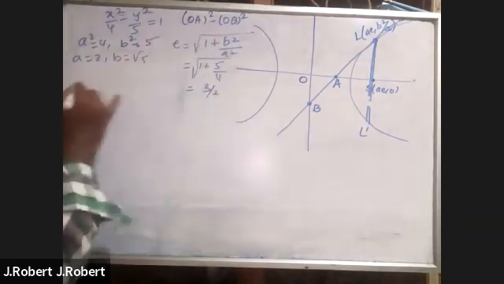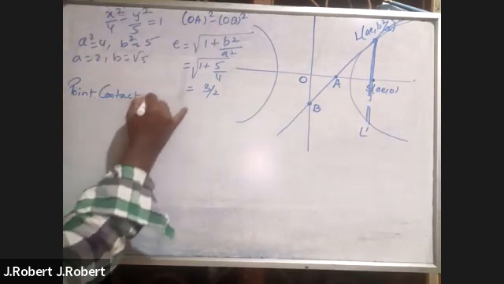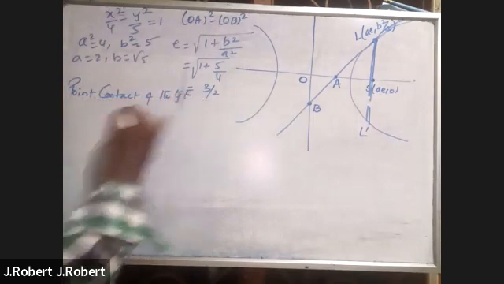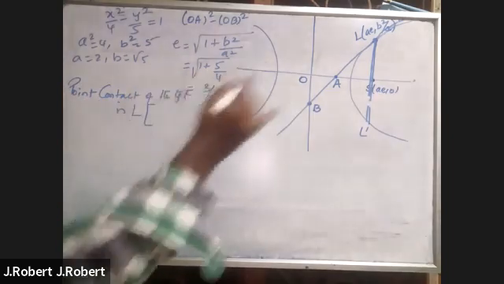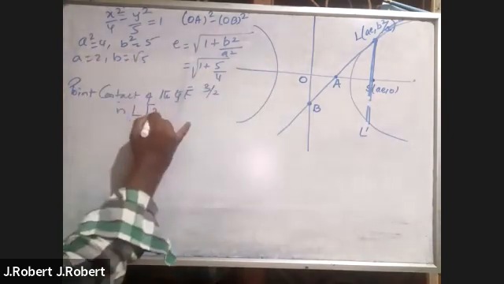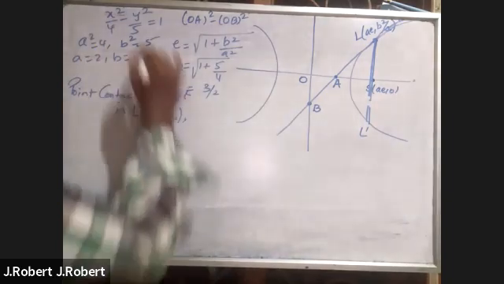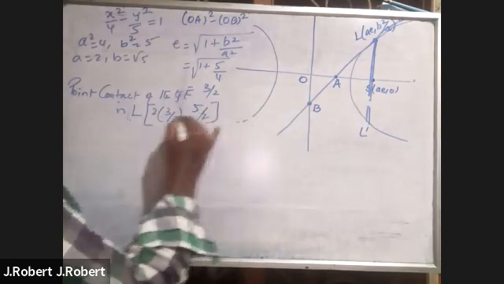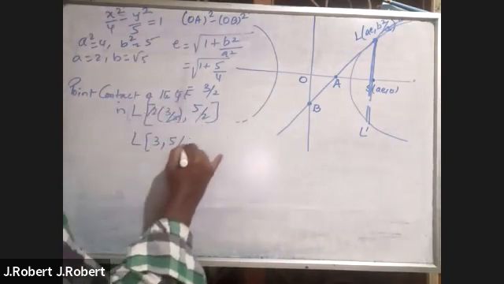Now we can find the point of contact of the tangent. Your point of contact is L of (ae, b square by a). Your a is 2 and e is 3 by 2, b square by a, your b square is 5, so 5 by 2, 2 cancels. Therefore, the L point is (3, 5 by 2).